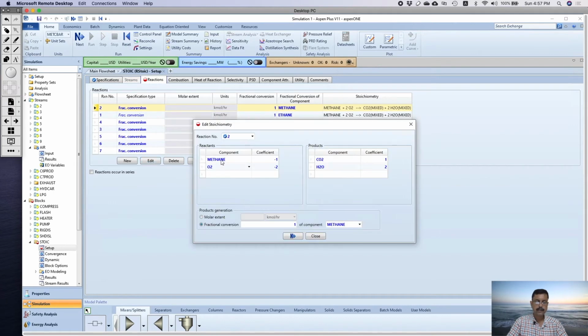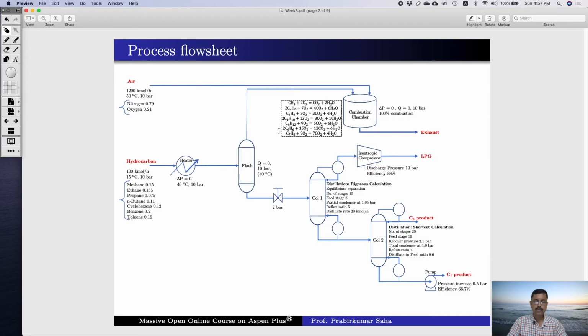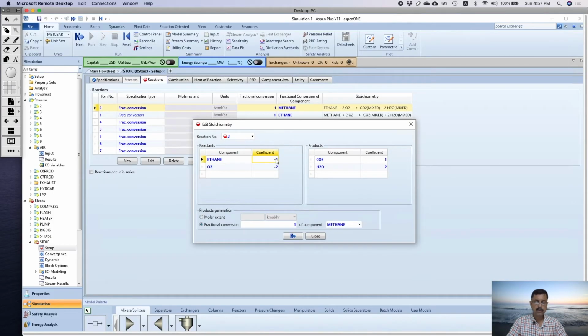So this is ethane, 2746, component ethane.